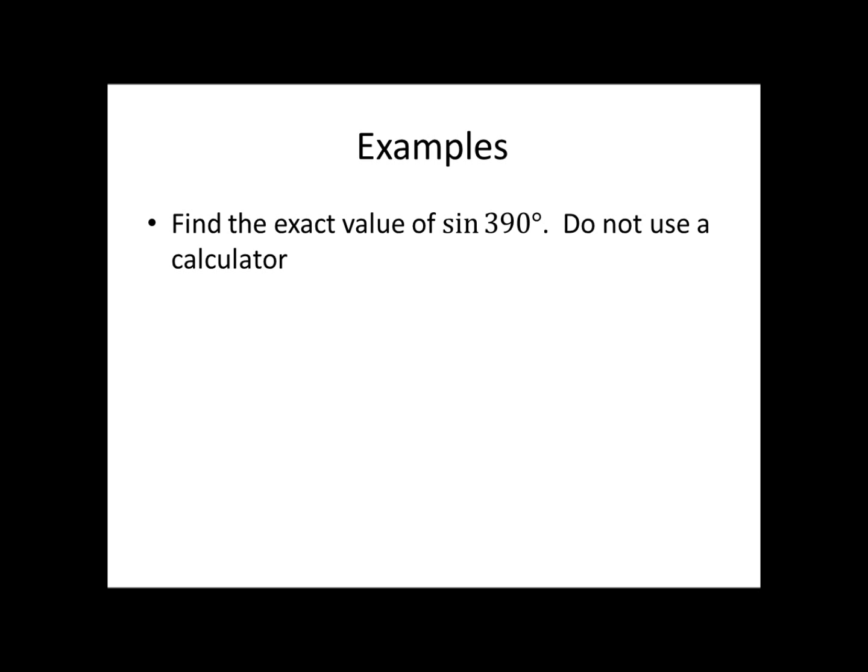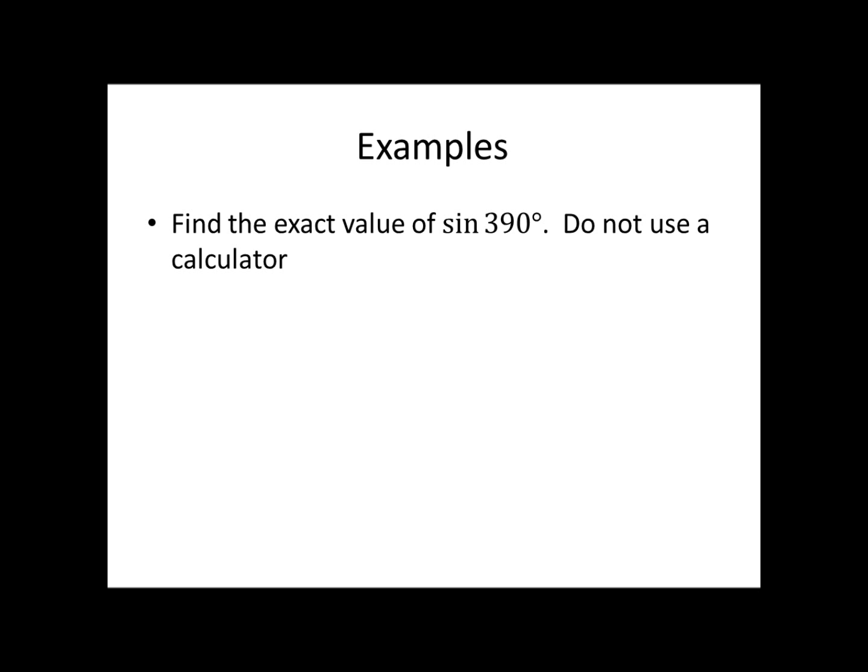Now, let's talk about some examples. They want us to find the exact value of the sine of 390 degrees without using our calculator. That means that we need to look at our trig table. You should have started filling that out already. And let's face it, by now it should probably all be filled out. So how in the world are we going to use what we've just talked about in this video to find the exact value of the sine of 390 degrees?